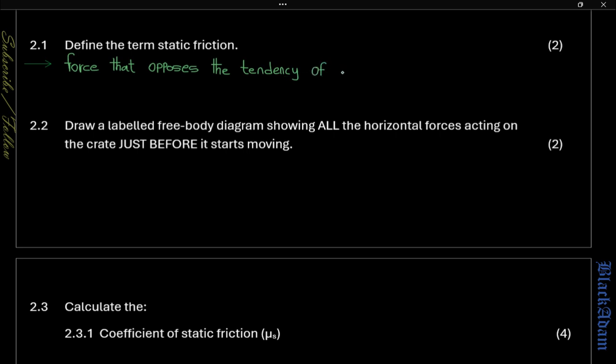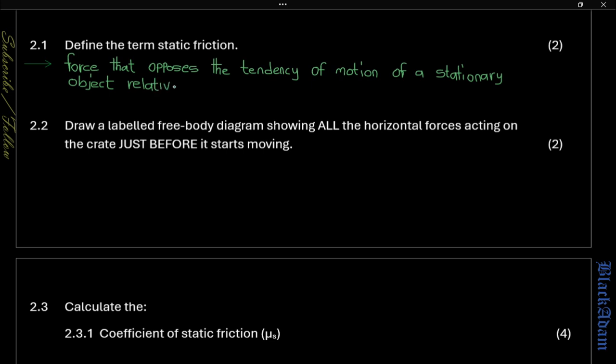Whatever tendency the object has to move, the static frictional force opposes it, so it doesn't have to move. It is the force that opposes the tendency of motion of a stationary object. The object has to be stationary for it to be static. If it moves, it's no longer static. So it has to hold the object together.